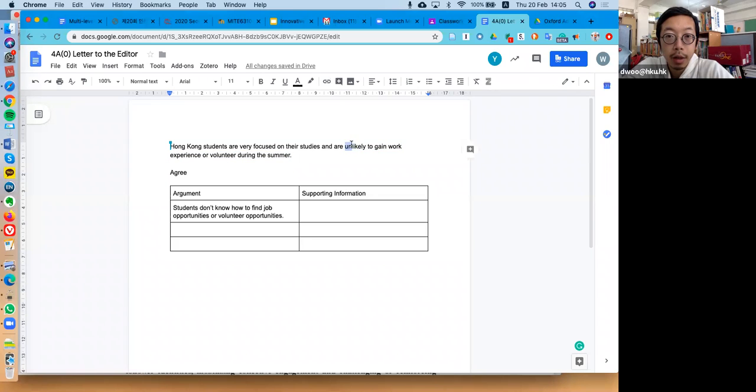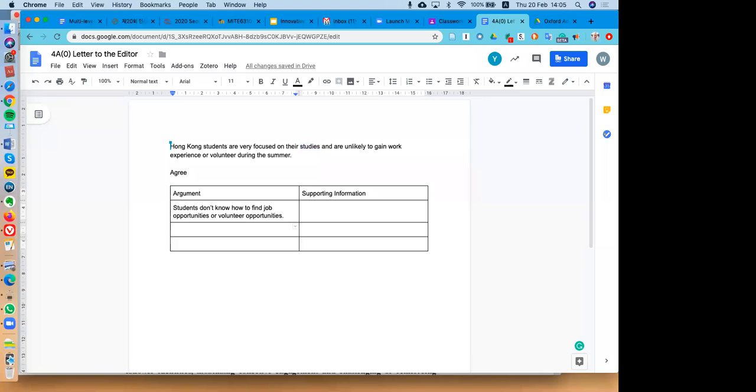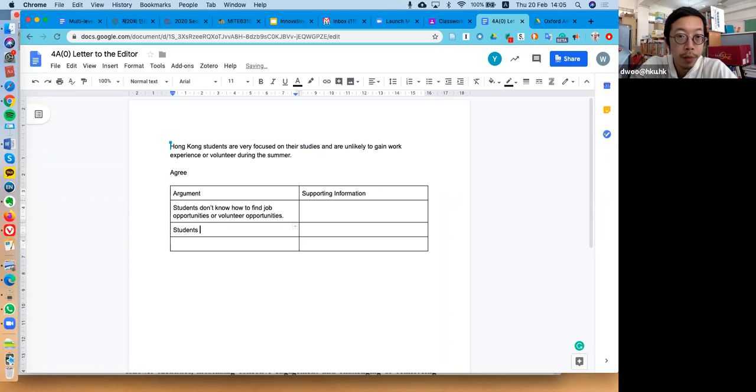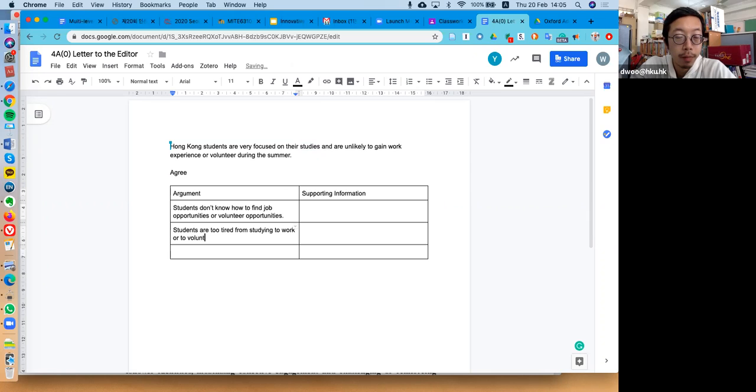You see the part un, that means not. Not likely, no chance to work or volunteer during the summer. Why? Because they're too tired from what? From study. Yes, students are too tired from studying, not working. Too tired from studying to work or to volunteer. Okay, that's another good reason.